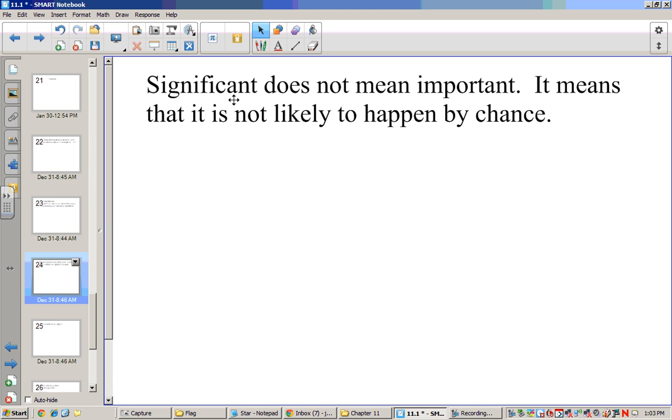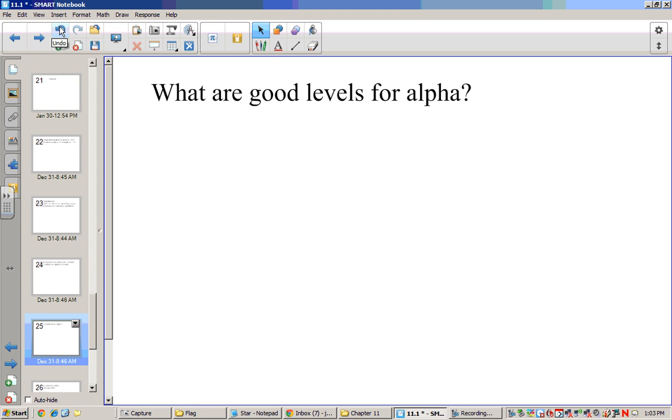Now, significant does not mean important. We'll learn more about that in chapter 10.3. It just means that it's not likely to happen by chance. So what are good levels for alpha? It depends what you're doing. Sometimes alpha will be 0.1 if it's not a very important thing to be entirely accurate.